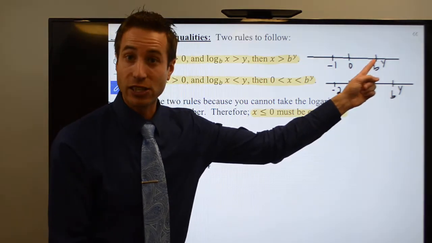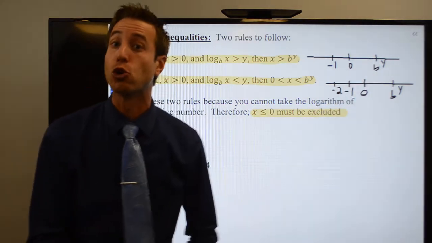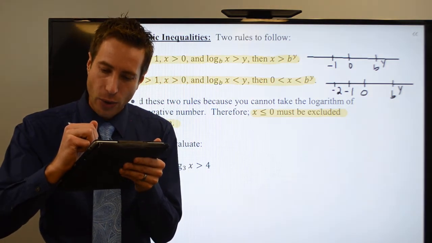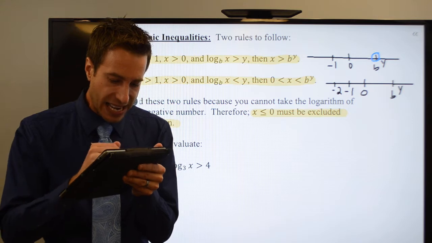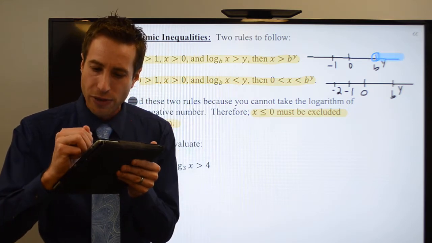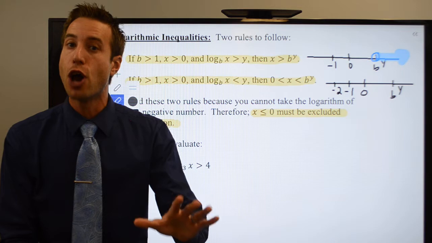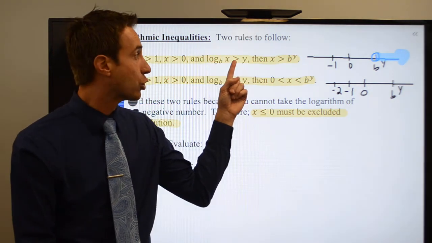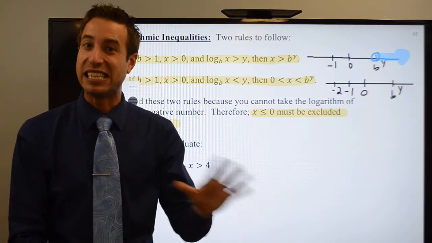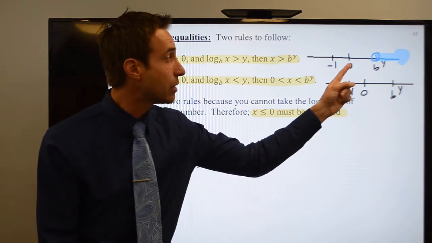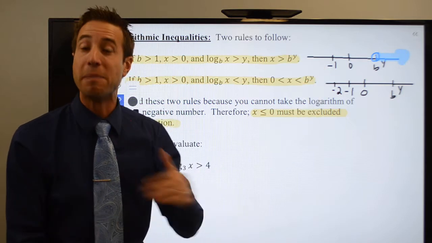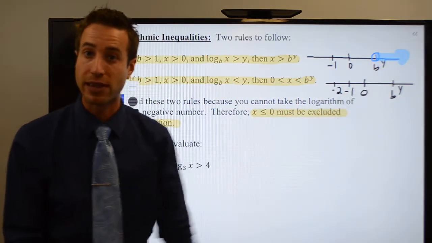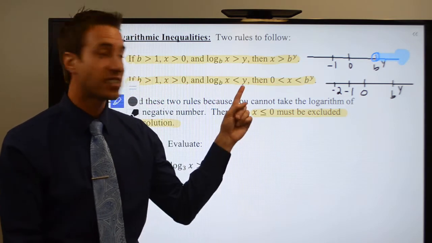If b to the y is over here and I need everything greater than b to the y, I'm going to have b to the y and everything greater than it, which means there is no risk whatsoever. If the logarithm is greater than y, there is zero chance of me getting 0 or a negative number because I want everything bigger than b to the y. I want everything positive.